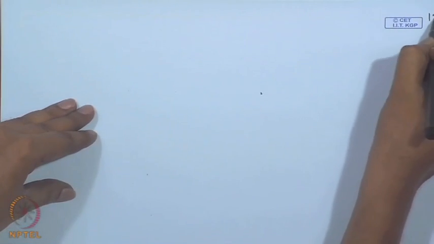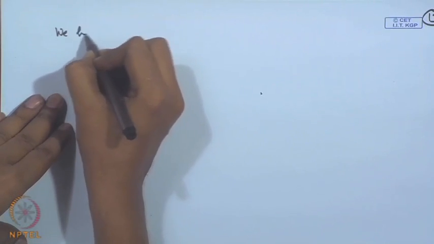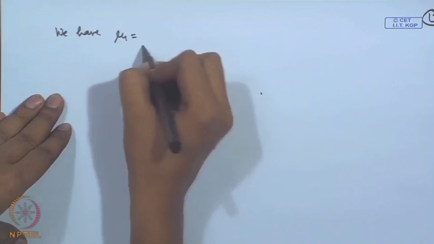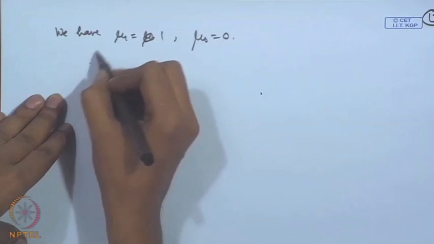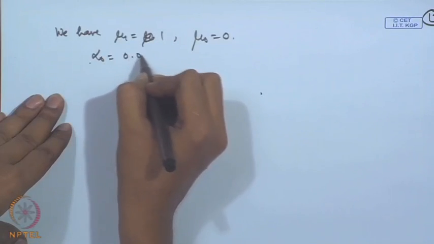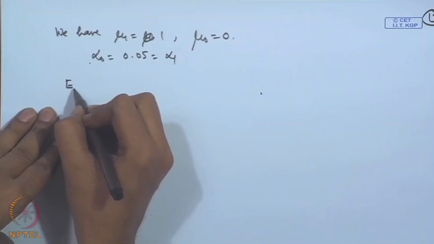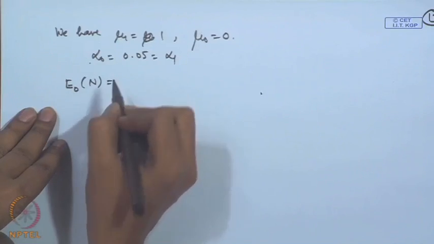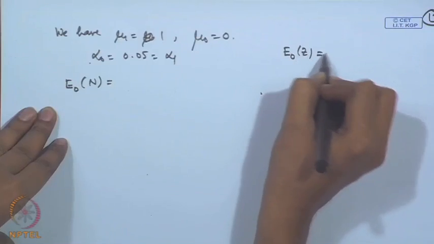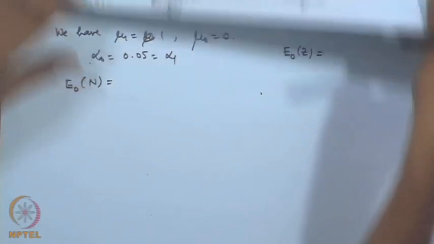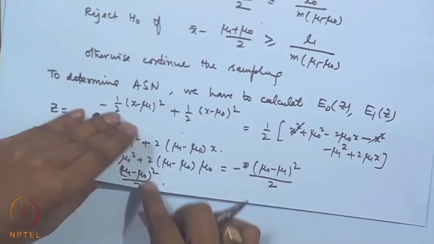Now, for the problem that we are considering, we have mu 1 is equal to 1, mu naught is equal to 0, alpha naught is equal to 0.05, alpha 1 is also same. So, first of all, what will be expectation of z under h naught? This quantity will become equal to minus half, this will become plus half.